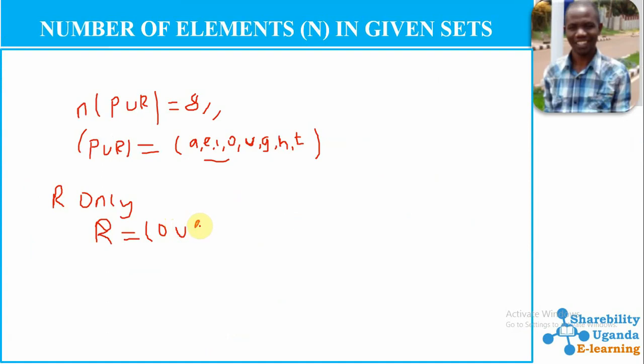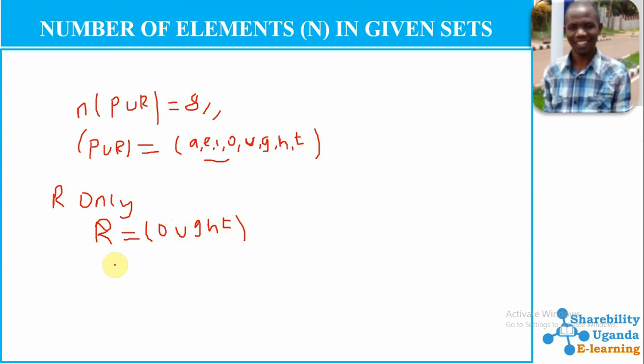Then we also have G, we have H, and we also have T. So these are the members that belong to our R.